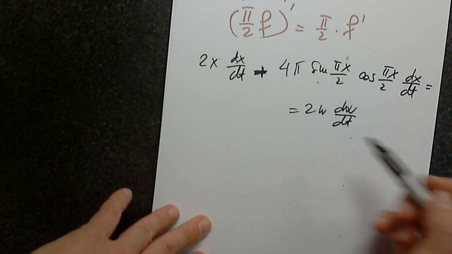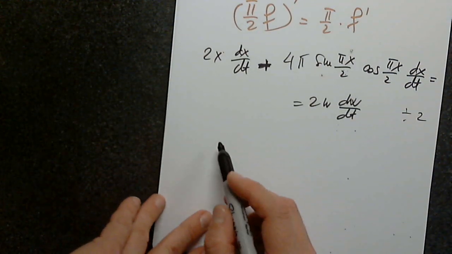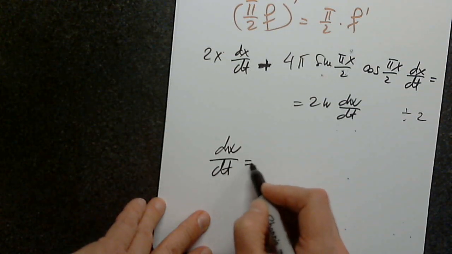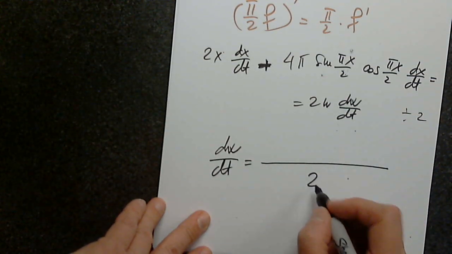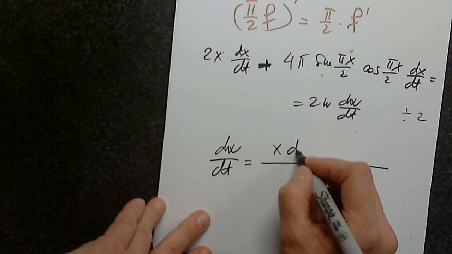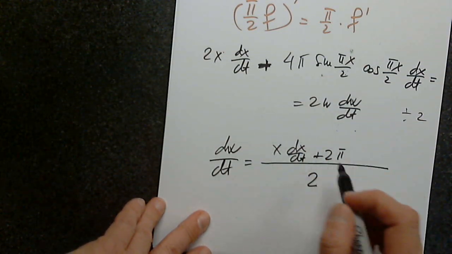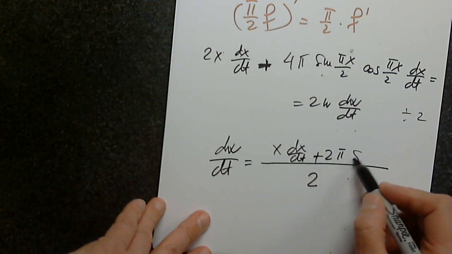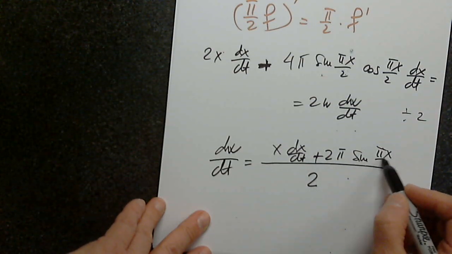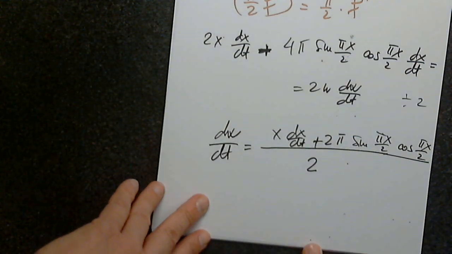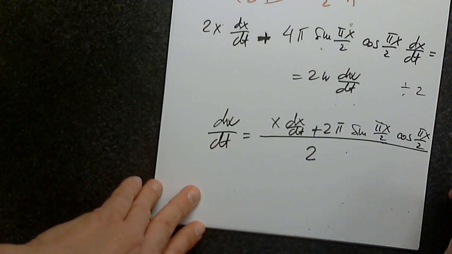I can simplify everything again by 2. So I have dw over dt. This is x dx over dt. And this is 2 pi, because I divided everything by 2. 2 pi sine pi x over 2 cosine pi x over 2 dx over dt.